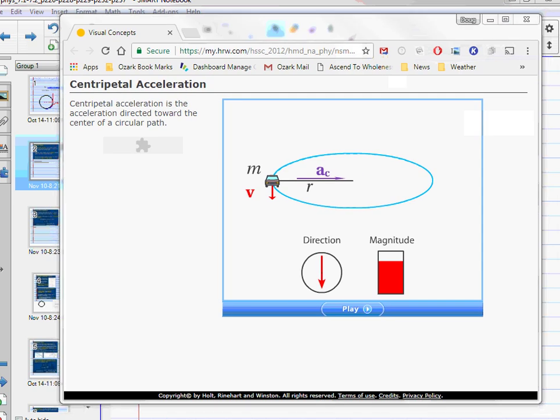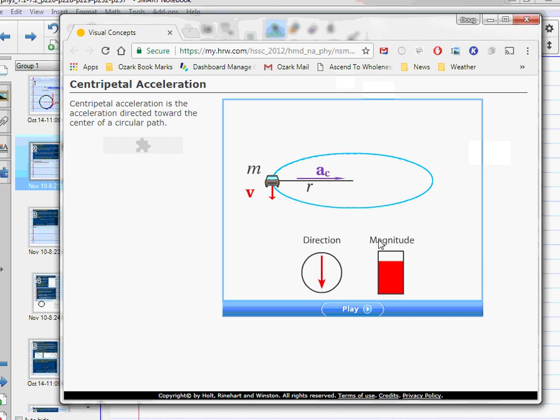Wait, so centrifugal and centripetal, those are two different words? Those are two different words. Centrifugal with an F is a different word than centripetal with a P. Those are two very distinctly different things.